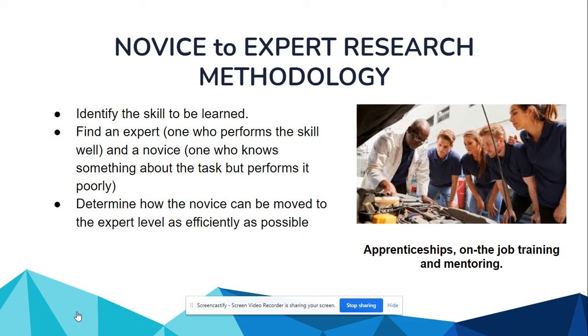First, we need to identify a skill to be learned. Next, we need to find an expert, someone who performs the skill well, very knowledgeable in the area. And then you have to have a novice, someone who maybe knows something, but maybe little about the task, or cannot perform it very well. The final step is to determine how we take that learner who is a novice and move them to the expert level as efficiently as possible.